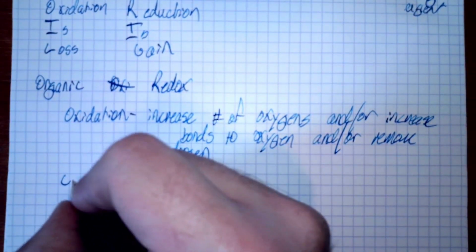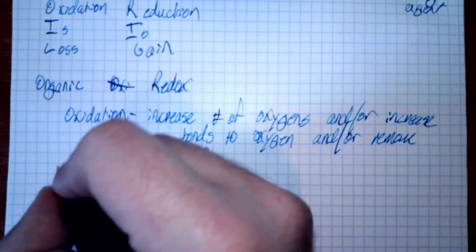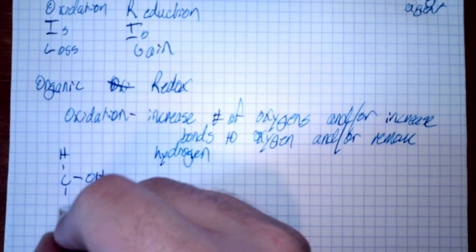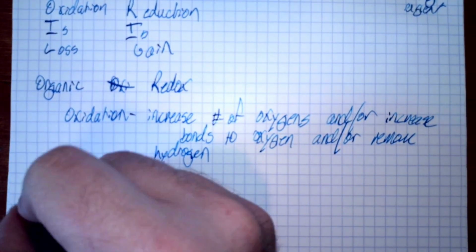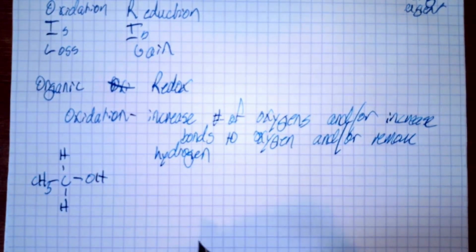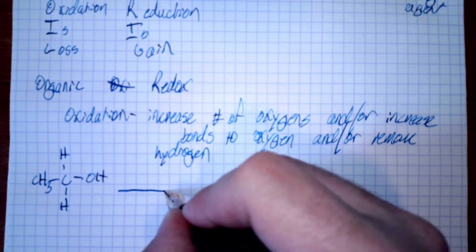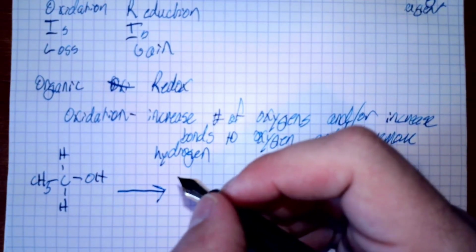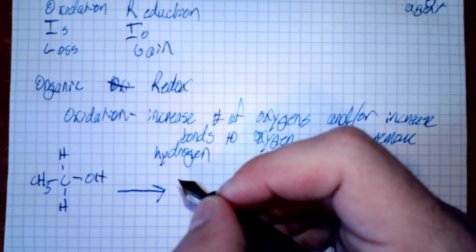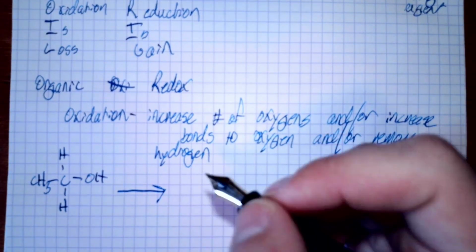Let's say that I have this. This is ethanol. This is a primary alcohol. I oxidize it. By the way, this is not inconsistent with what we learned above. It's just a more generalized telling of it.